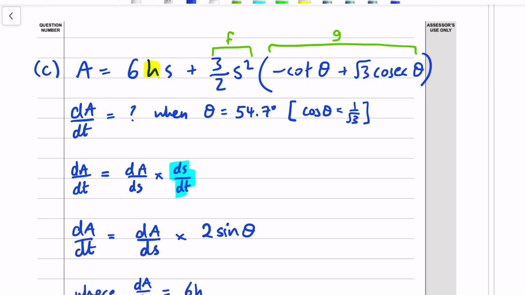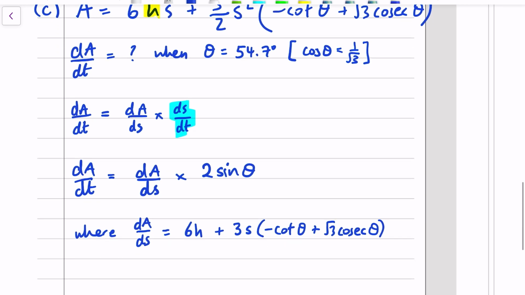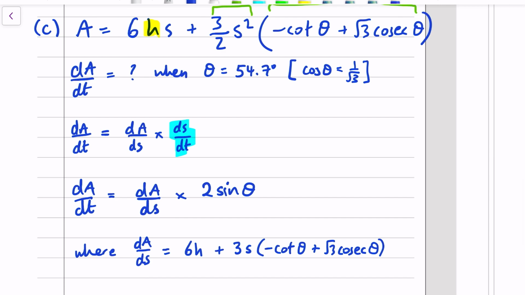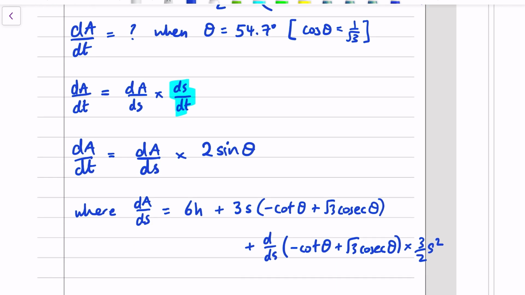So the derivative of f, 3 over 2 s squared, differentiates to 3s, multiplied by the brackets, and then differentiate the brackets with respect to s, which I'm going to just write like this because I will explain it in a sec. All times by the first term, not differentiated. Okay, so that's pretty much all done except for the fact I need to differentiate that bracket term with respect to s. And how do I go about doing that?